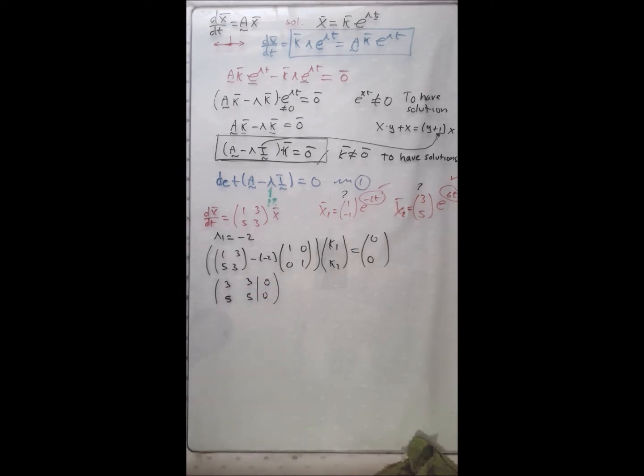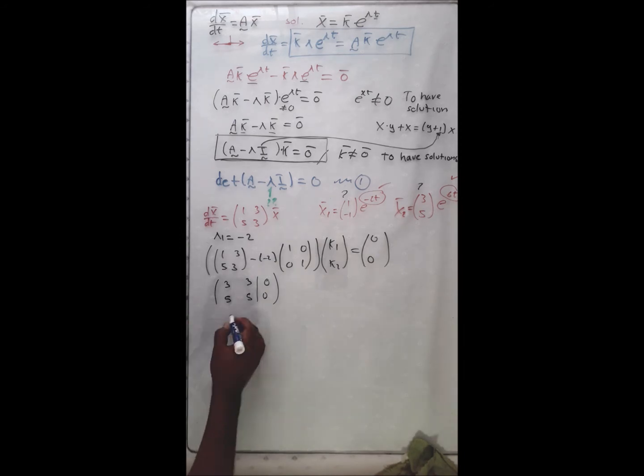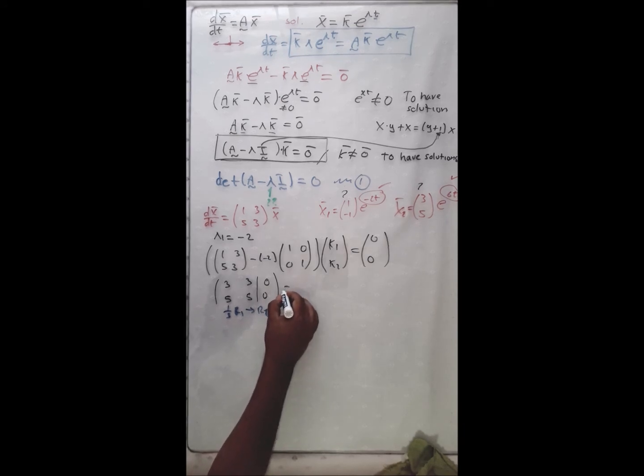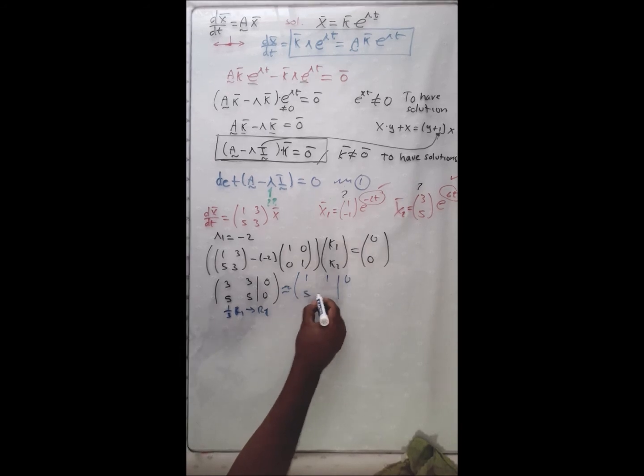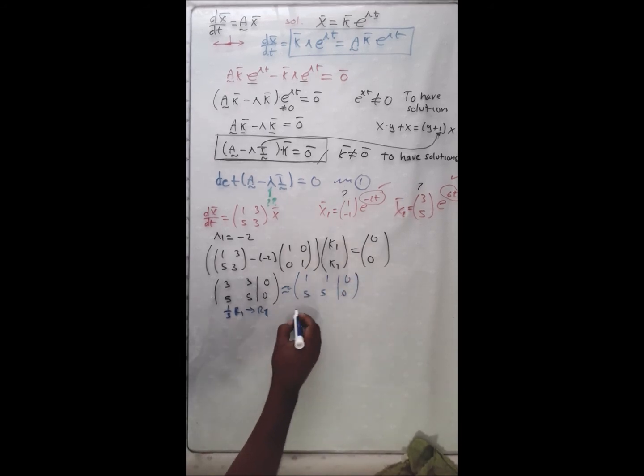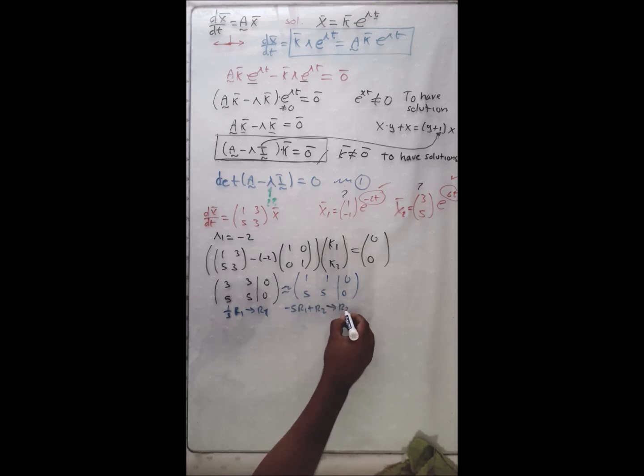So you have a system of equations. What you have to do here, engineers, is make the step matrix. In Spanish it is escalonar la matriz. So I'm going to take 1/3 of the first row and save it in the first row, and that is equal to 1, 1, 0, 5, 5, 0. Then I'm going to do minus 5 times the first row plus the second row, and save it in the second row.